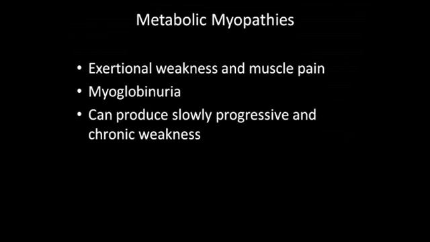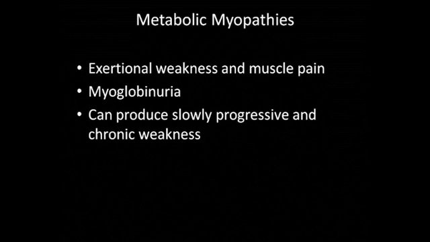There's a fascinating category of myopathies called metabolic myopathies. And here, because the metabolic machinery in the muscle is affected, generally these patients present with exertional weakness and pain, and sometimes myoglobinuria related to exertion. So after a long run, something like that, patients may have muscle pain, and they may have a change in urine color, sometimes known as a Coca-Cola urine.